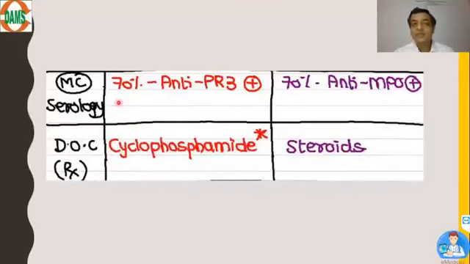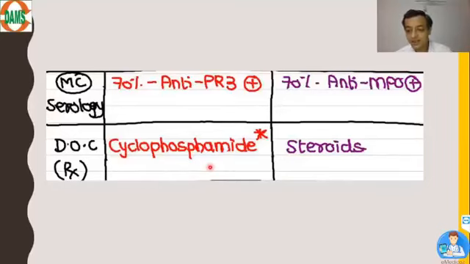Confirmatory is by biopsy. But in MCQs, you are asked the drug of choice. Cyclophosphamide is the drug of choice for Wegener's, and steroids are the drug of choice for Churg-Strauss syndrome. So ANCA is the screening test.